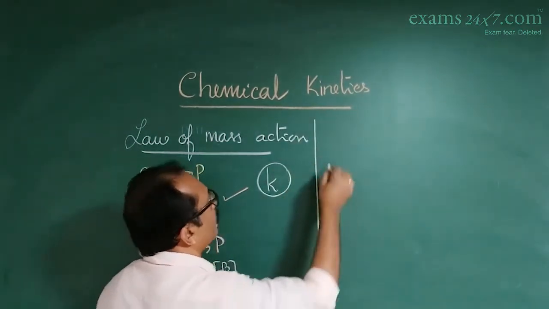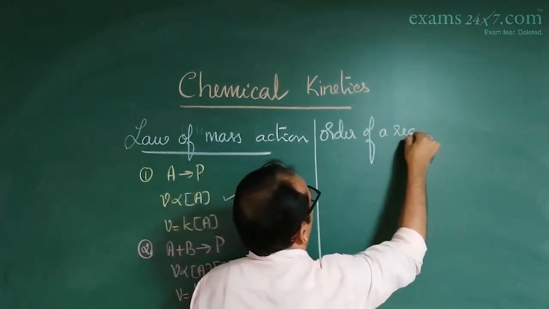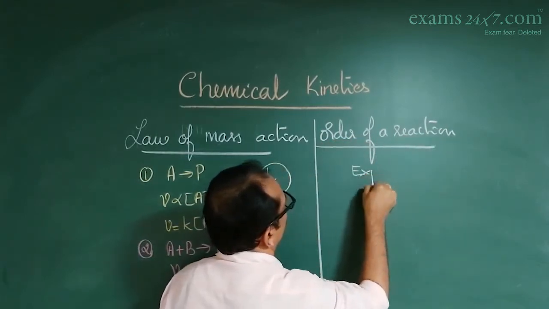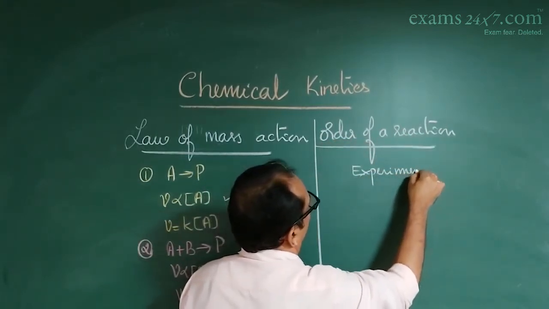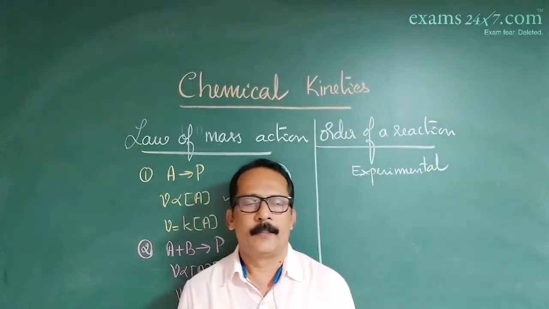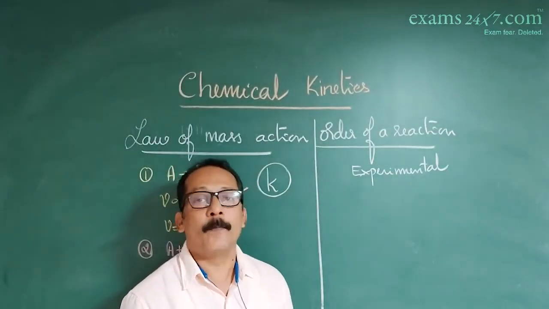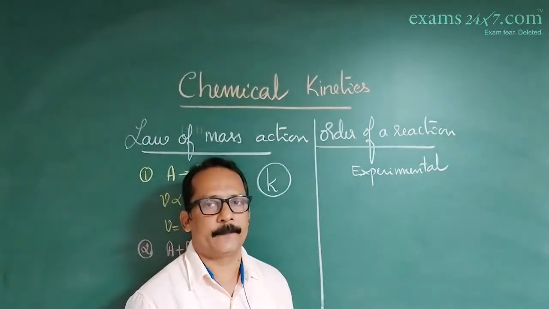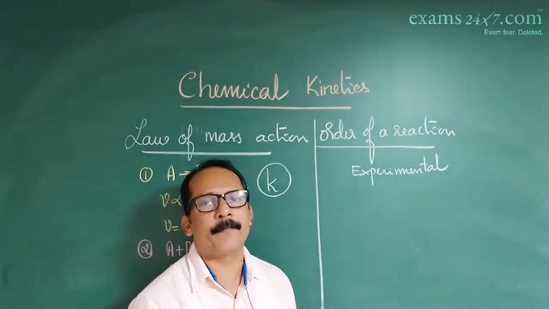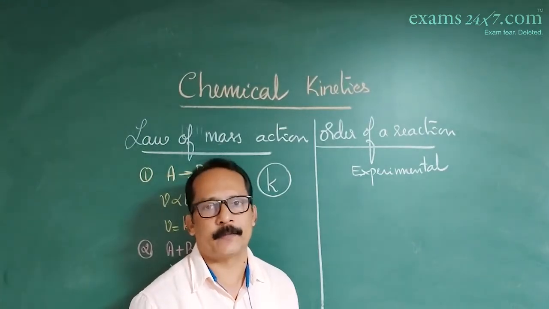The next term is the order of a reaction. Order of reaction is an experimental concept. It is defined as the sum of the powers of molar concentration of reactants as represented by the experimentally determined rate law, or experimentally determined rate equation.